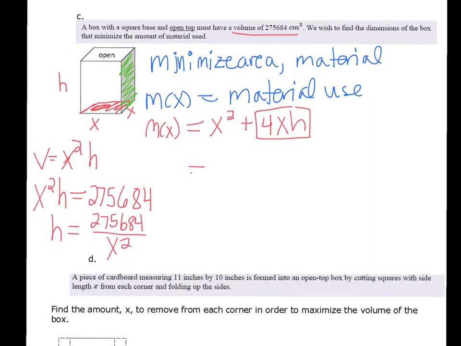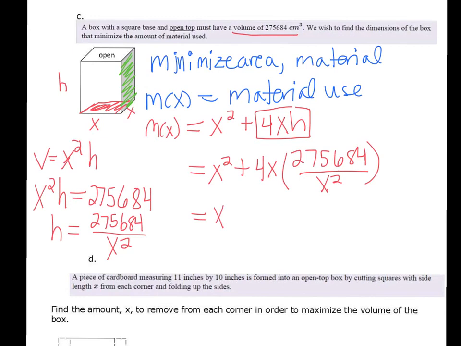So I can replace that h now with something in terms of x, which is the 275,684 over x squared. Cleaning that up a bit, I'm going to multiply the 4 by the 275,684.